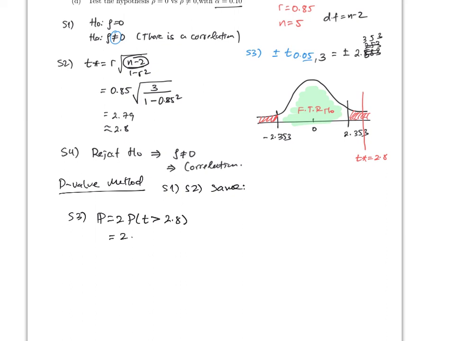If you use the calculator, this will be tcdf. The lower bound is 2.8. Remember, this is essentially what I used to call the green area. And the upper bound will be 1000. So this is 2.8, 1000, and then the degrees of freedom, which is 3.